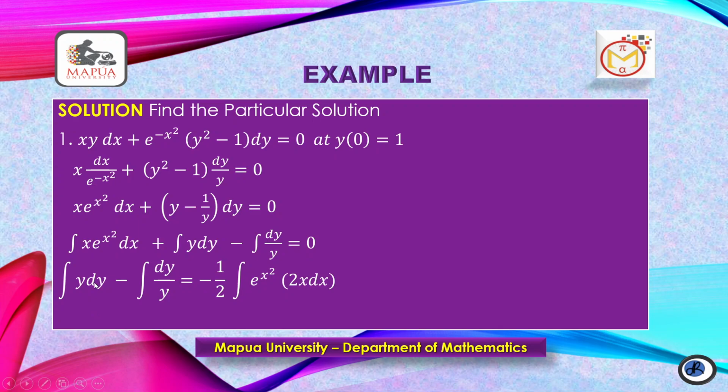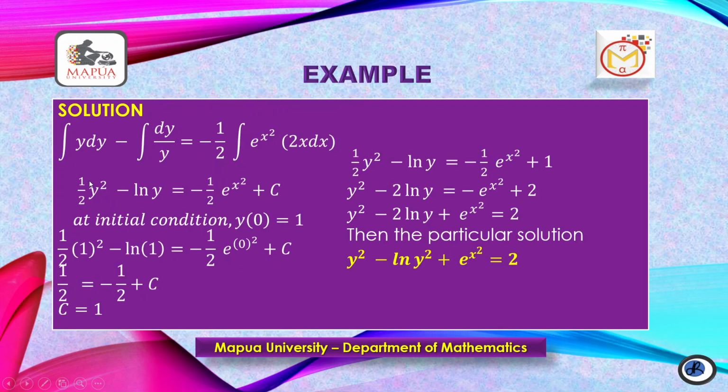By power integral, we have 1 half y squared, and for the dy over y leading to ln, so minus ln of y. For this one, an integral of e to the u du, we have to add 2 together with the correction factor of 1 half. So we have negative 1 half e raised to x squared, and upon integration, plus c. So this is the general solution.